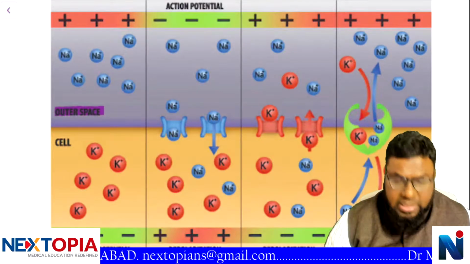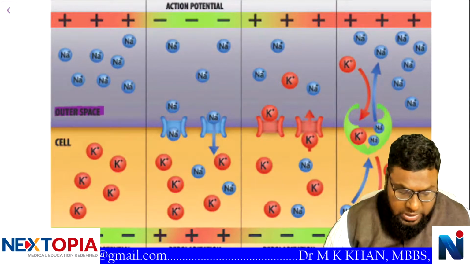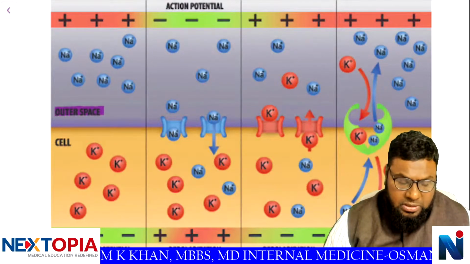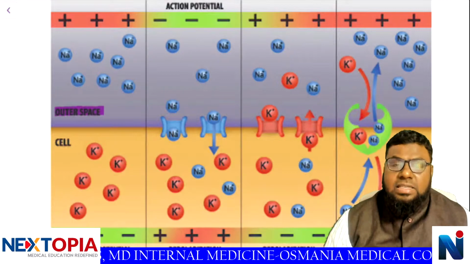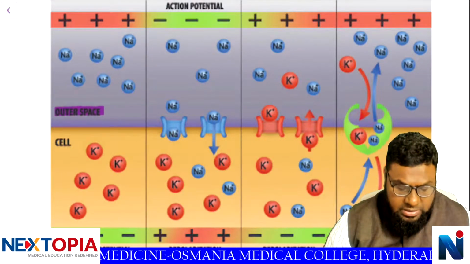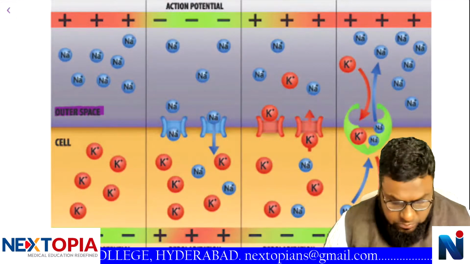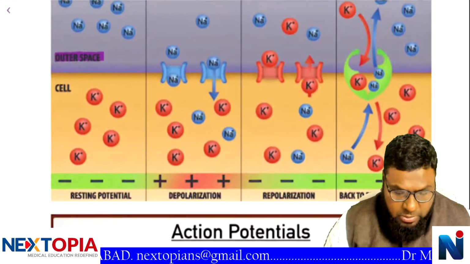This is giving what? Inside is negative. So inside it is a negative resting membrane potential, and outside the cell the potential is positive. This is resting membrane potential. Are you able to follow this?